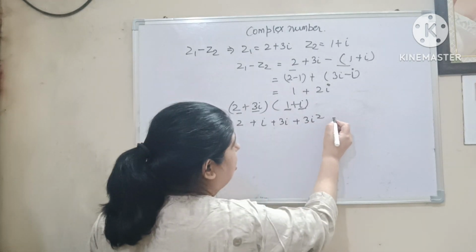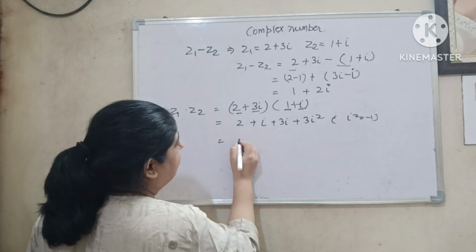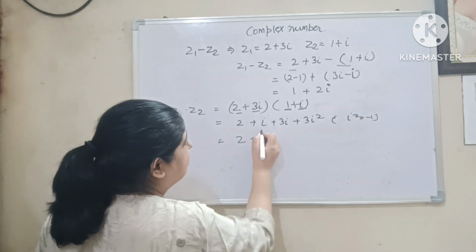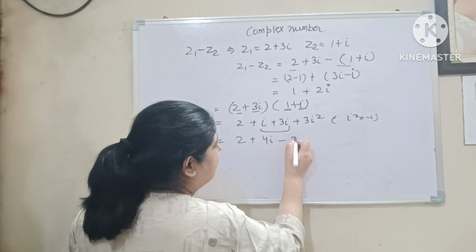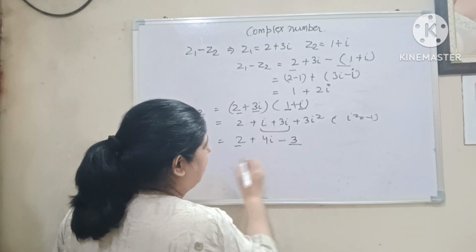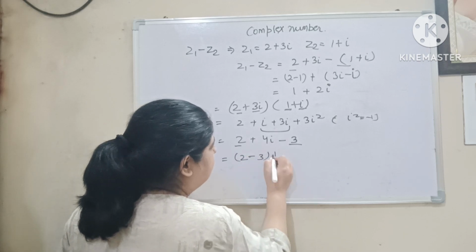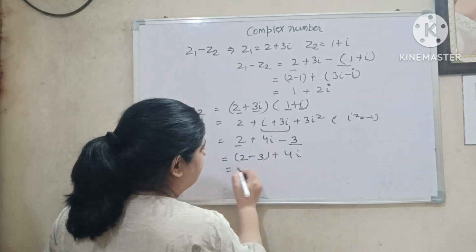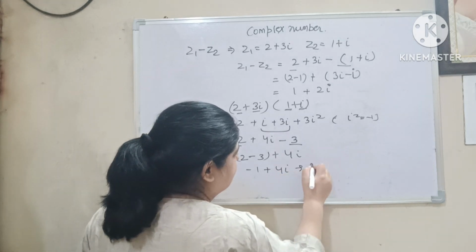You know i square is equals to minus 1. Then what will be the answer? 2 plus the imaginary part together, 5i, minus 3. The real part together, 2 minus 3 plus 5i. That is minus 1 plus 5i. This will be the answer.